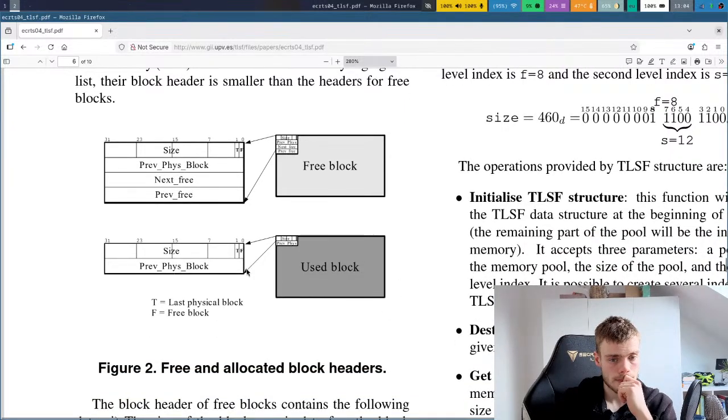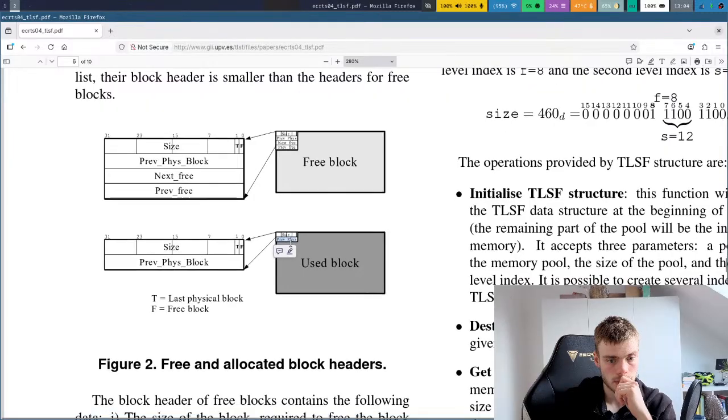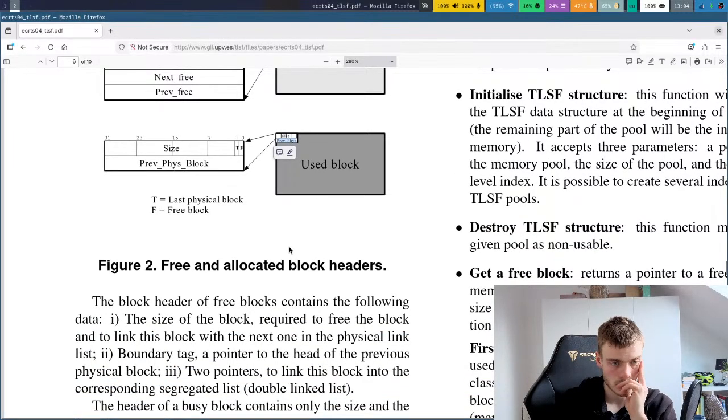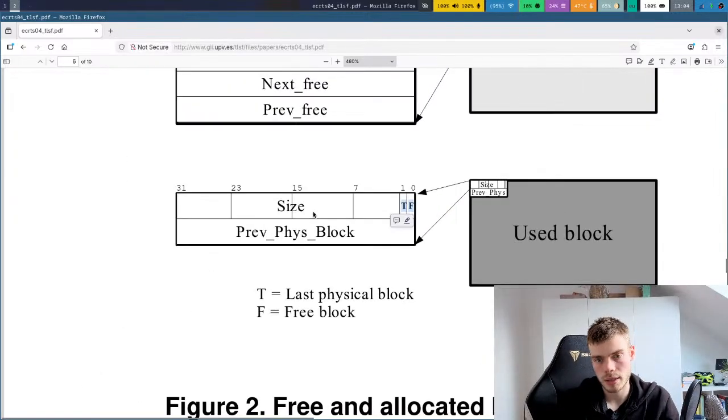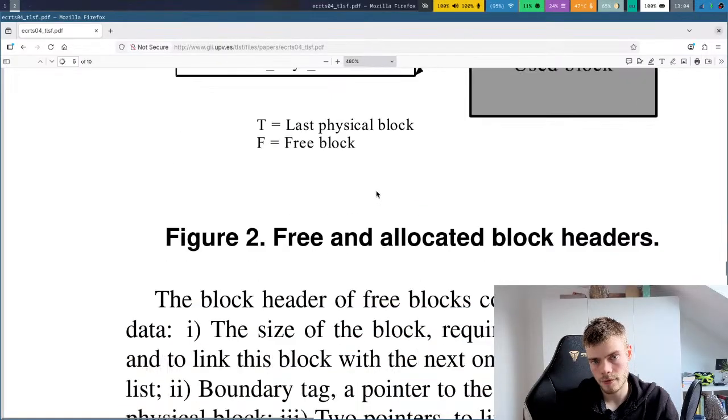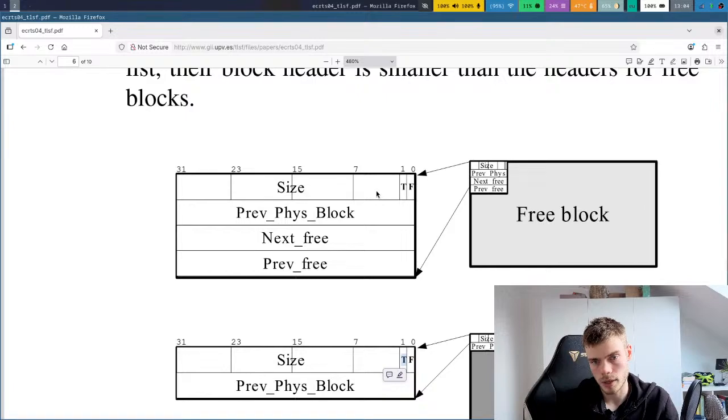A used block is just its size and the previous physical pointer. It also has 2 bits packed in, which are the last physical block bit and the free block or not bit.